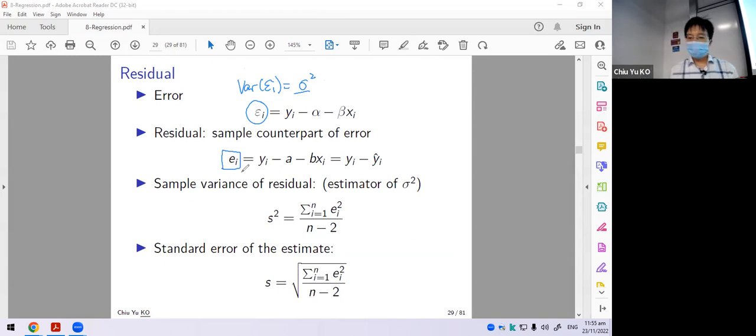We never know alpha and beta, so we replace them with our estimates, A and B, right? Once we replace them, we call this the residual, okay? And we want to calculate the sample variance of the residual, and that will be our estimate for sigma square, okay?